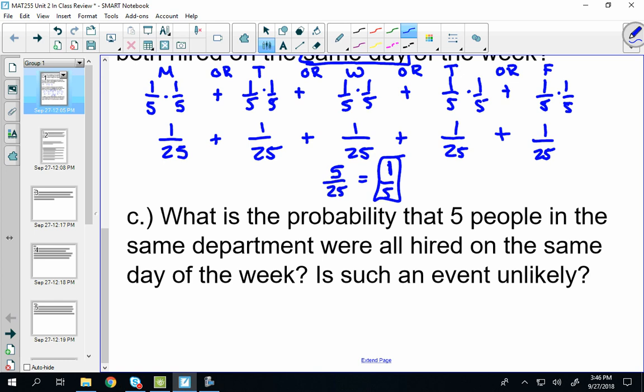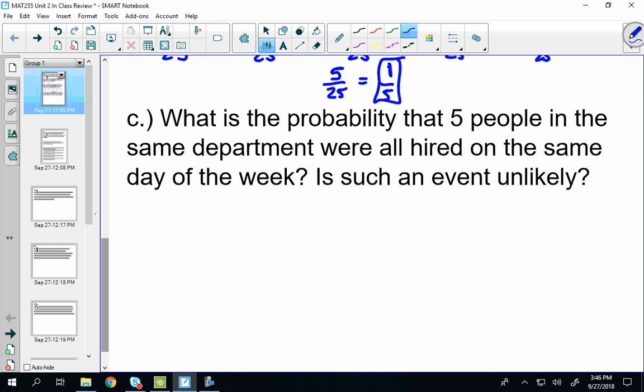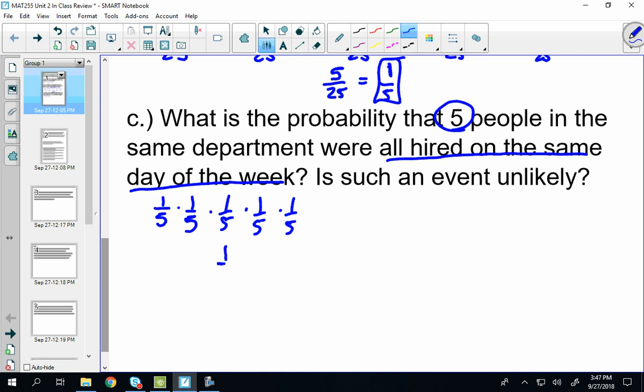On part C, they ask, what is the probability that 5 people in the same department were all hired on the same day of the week? Is such an event unlikely? So if I look at all hired on the same day of the week, it's similar to part B. So I'm going to need to think about my 1/5 times my 1/5, but this time there were 5 people, so I need times 1/5 times 1/5 times 1/5. Another way to write that to make your calculations a little bit easier is 1/5 to the power of 5.